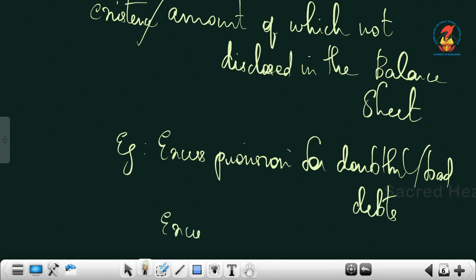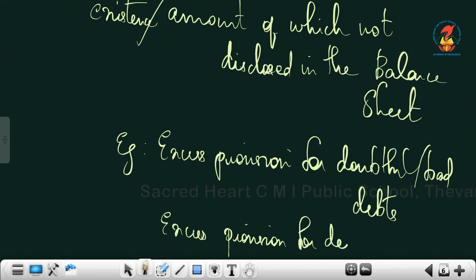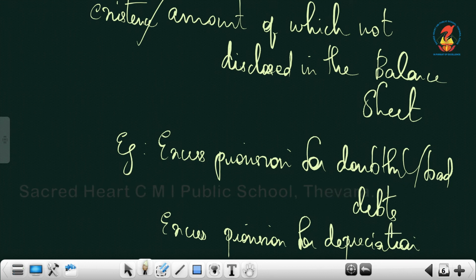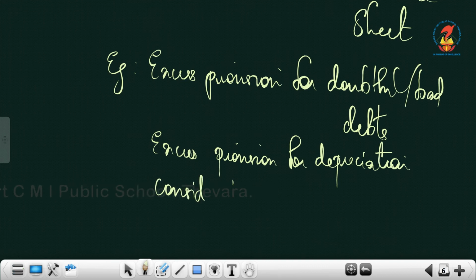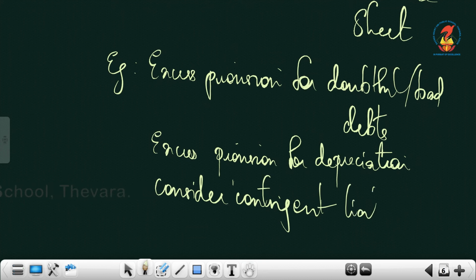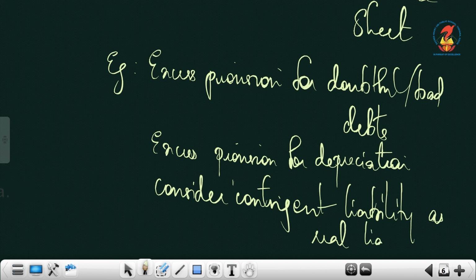Then when you keep excess provision for depreciation, then when you consider a contingent liability as a real liability. I'll explain this. At least these three you try to remember, okay? These are the cases which lead to creation of secret reserve.